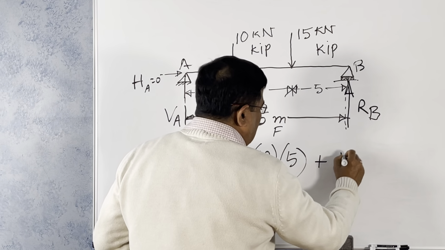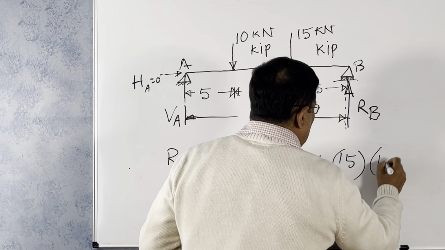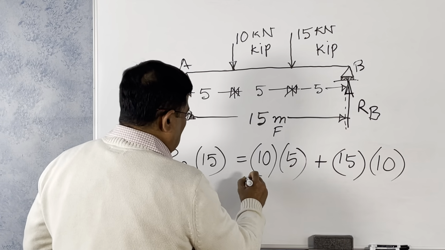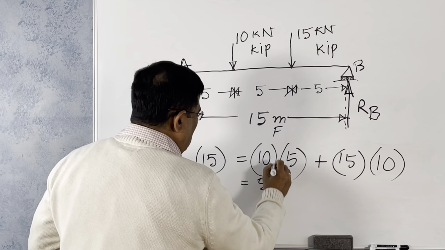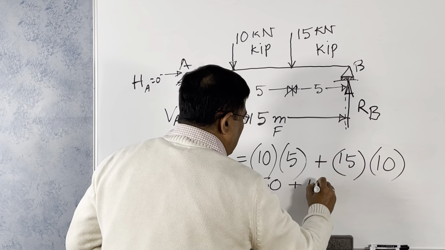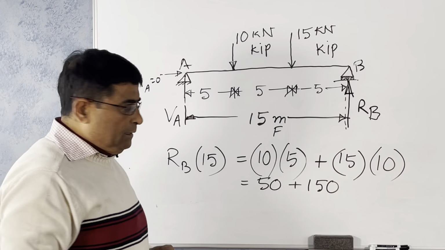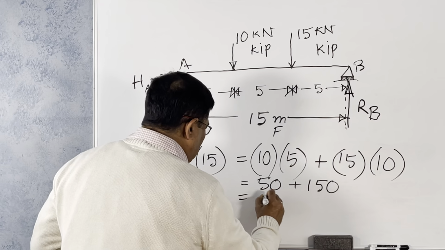So we have 15 times 10. So this is 50 plus 150, right? Got it? So together they are 200.